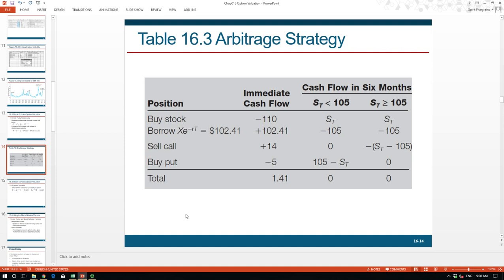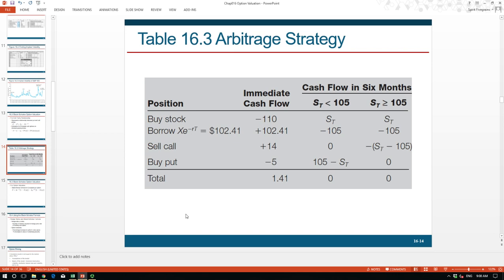The difference between the left-hand side and the right-hand side is $1.41. And you can build a portfolio that allows you to grab this $1.41 for free, without taking any risk.